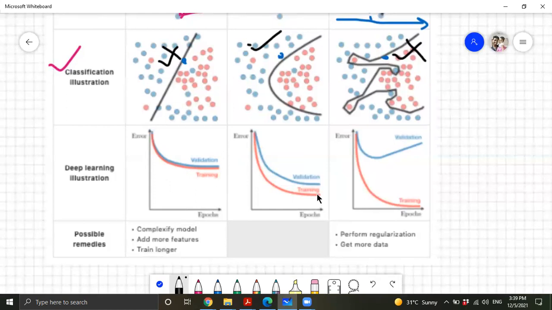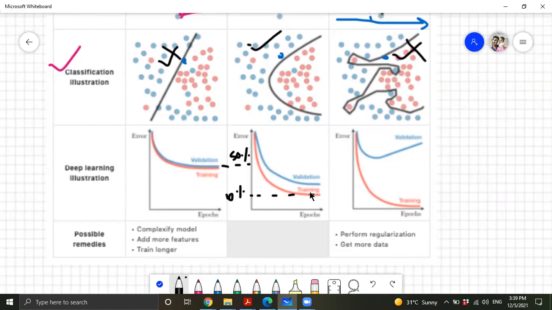But in just right, see, the training error becomes very low. Here the training error is very high, right? But here it's very low. If you take this 10% and it may be 50%, right? It's a huge difference, right?